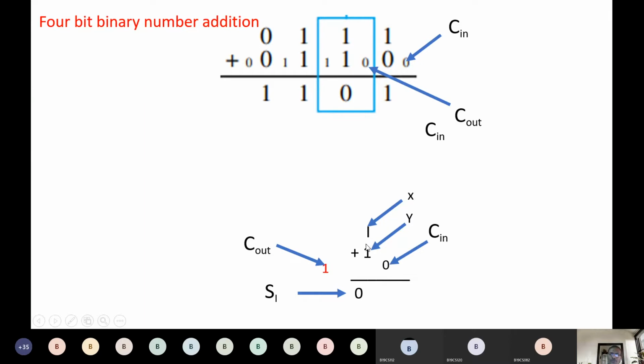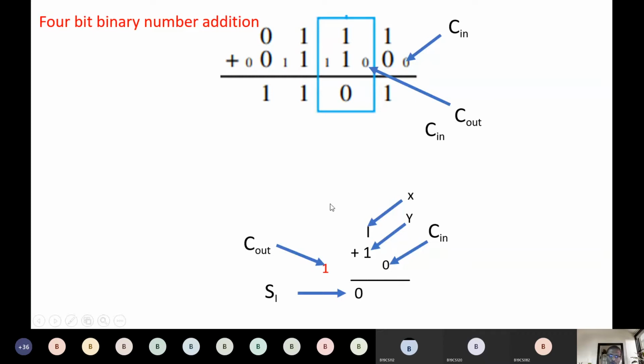When we add these, we add X plus Y plus carry in C. So we have 10. So 0 we keep here, which we call sum, Si, and carry out is 1. 1 plus 1 is 10, so 1 will be carry out and 0 will be sum.